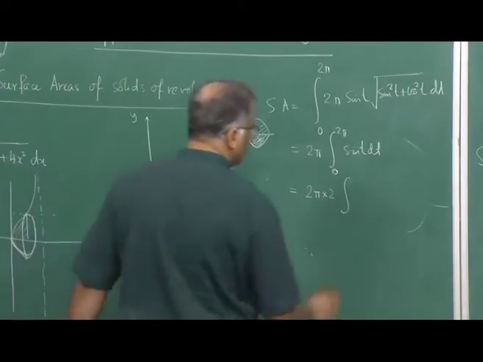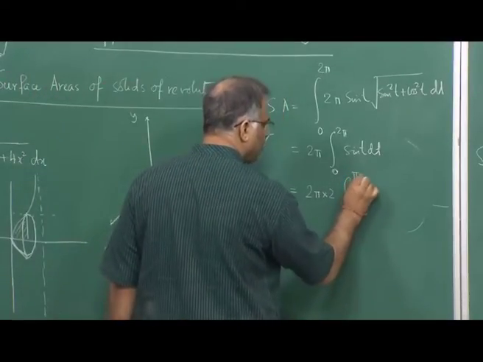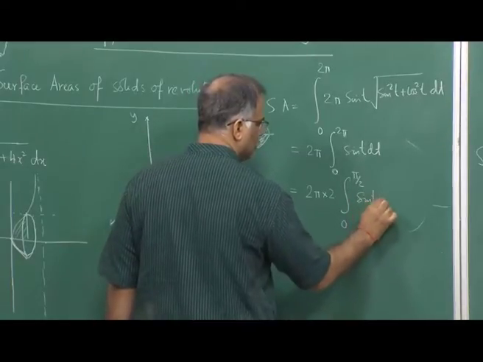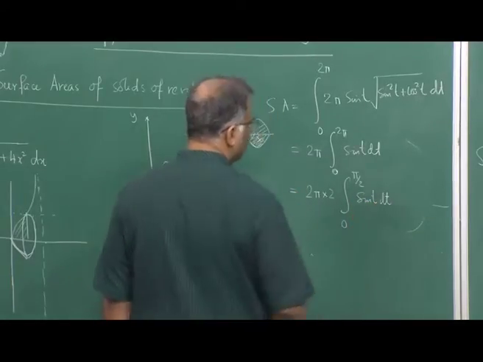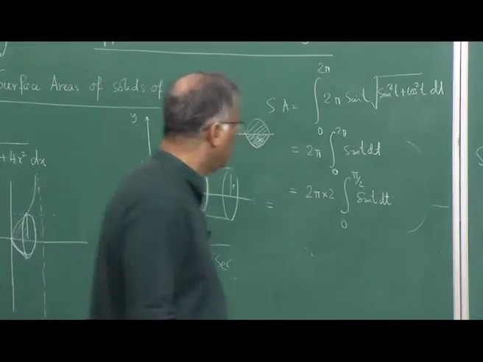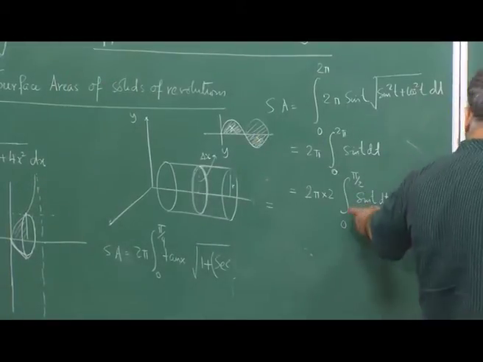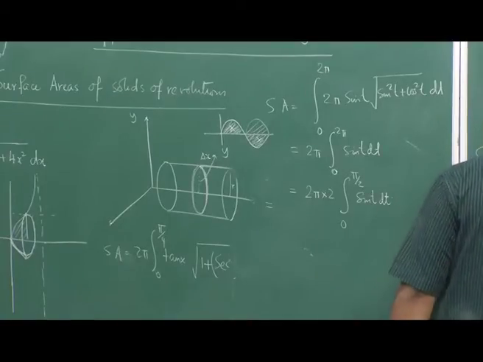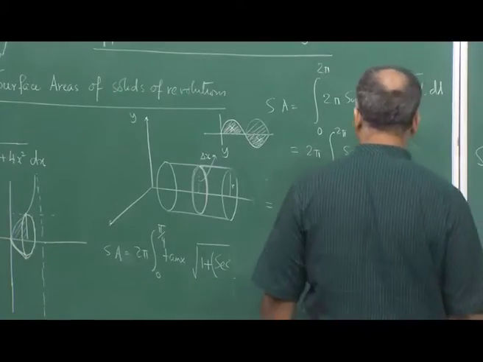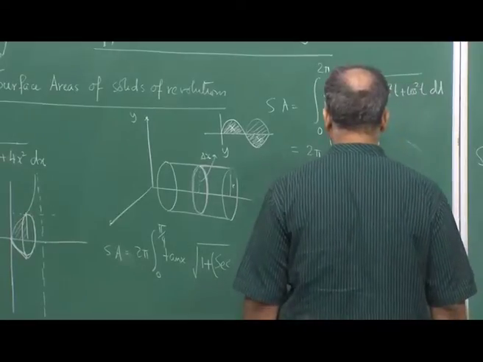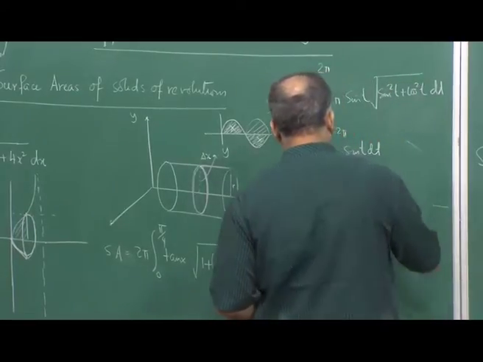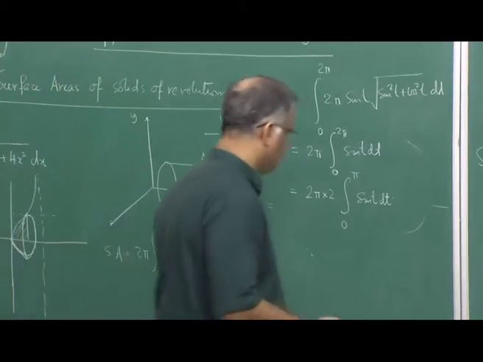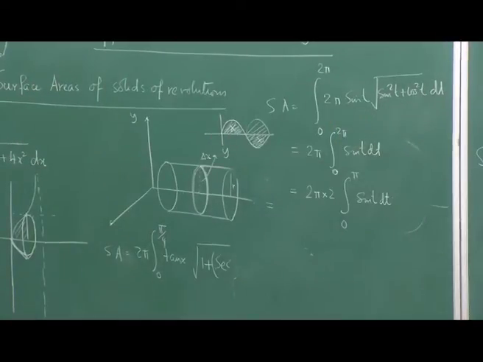So, this is 0 to pi by 2, because you have to understand that here sin t is only positive.